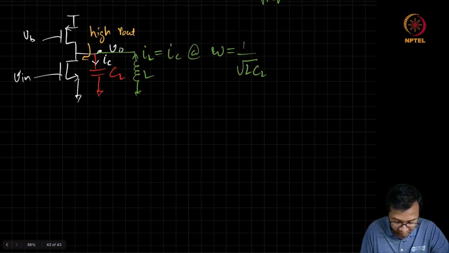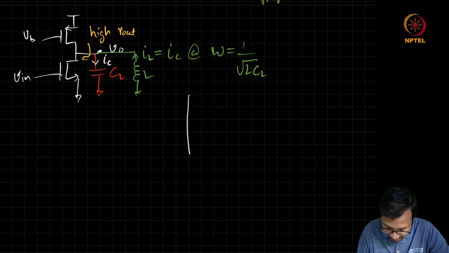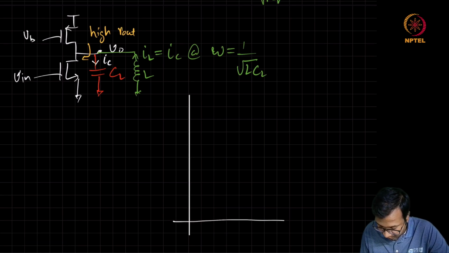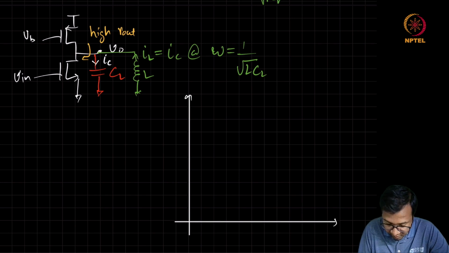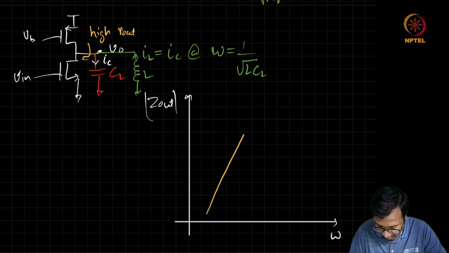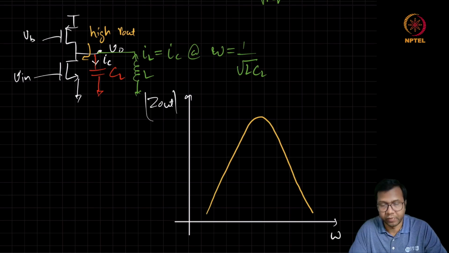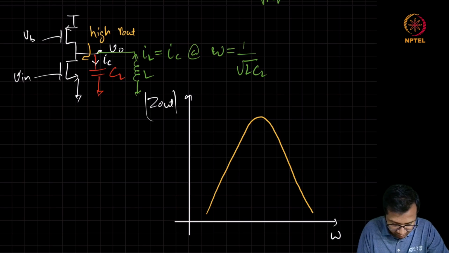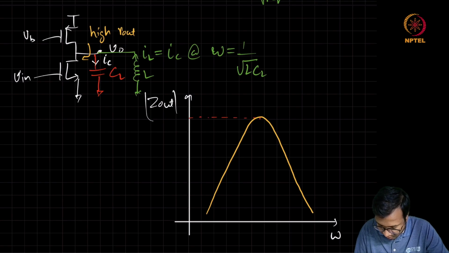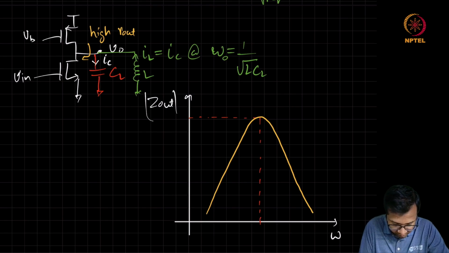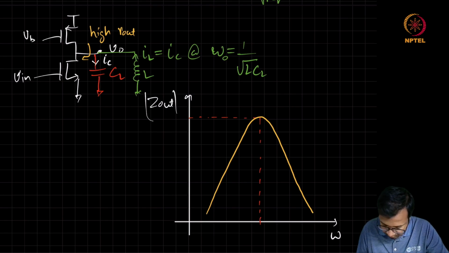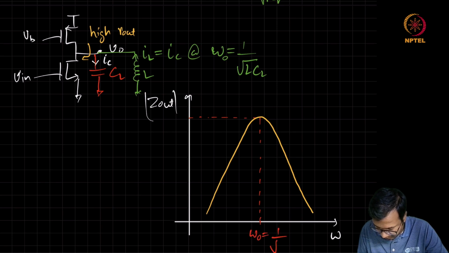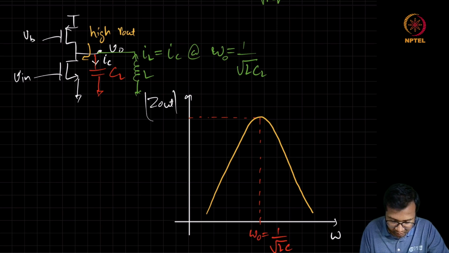So the modified frequency response of the output impedance looks like this kind of behavior, and the output impedance at omega naught is equal to just the R out.